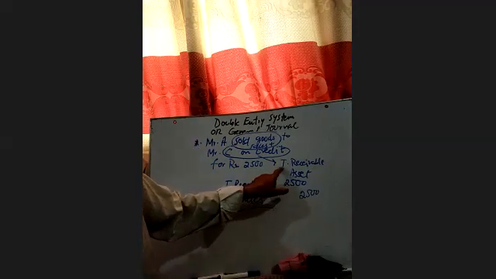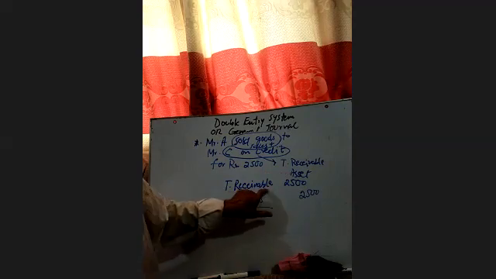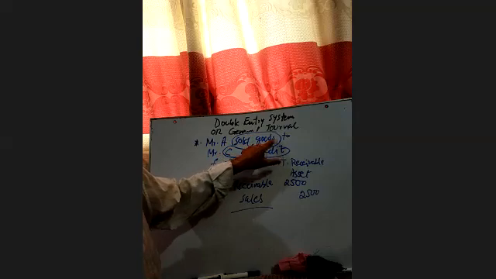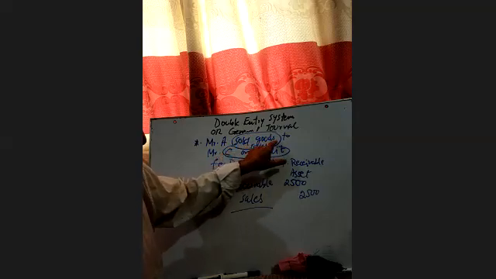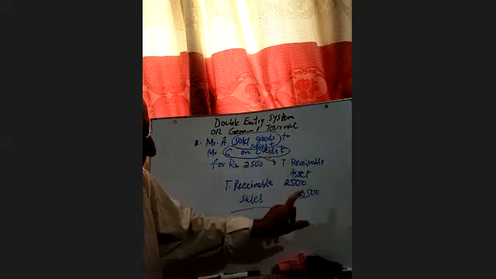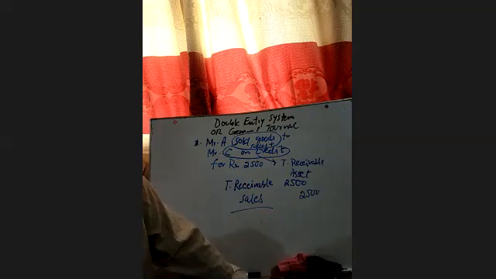Trade receivable is your asset, and increase in asset is debited. Sales also increase. Increase in sales, increase in revenue, is credit. So this is your credit entry.